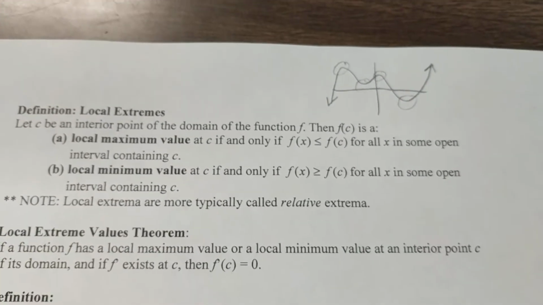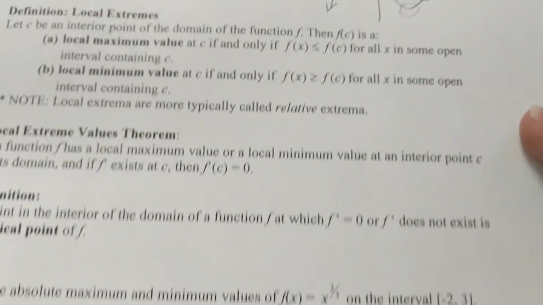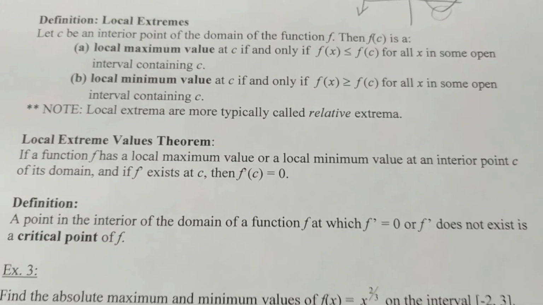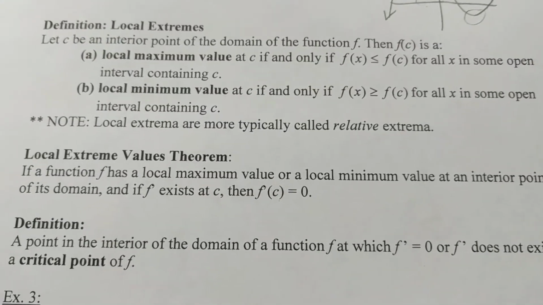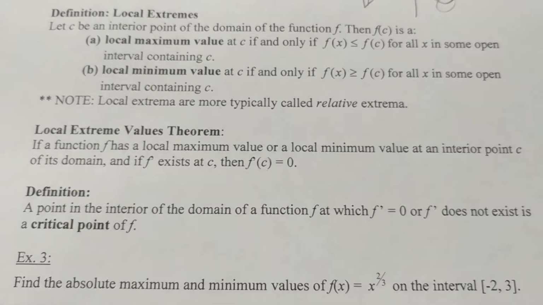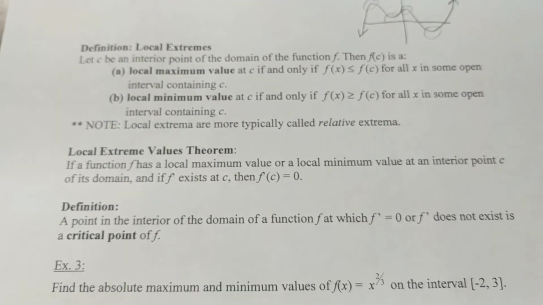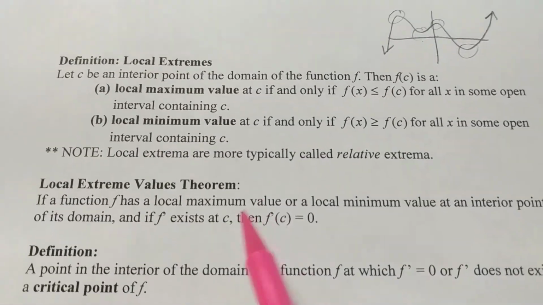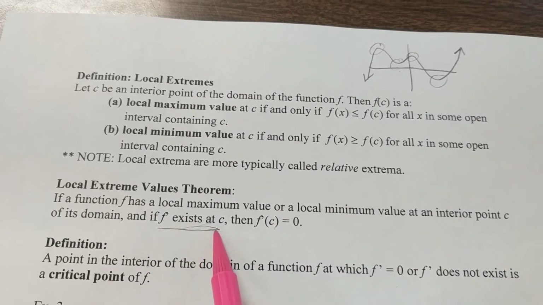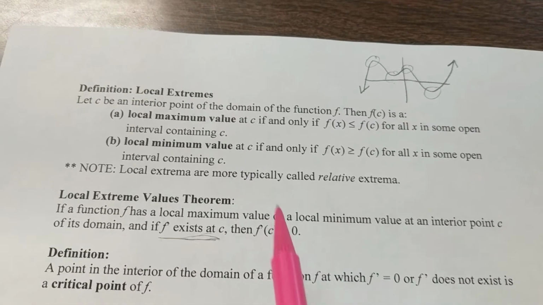Now, the important thing for checking for all of these extreme values is this local extreme values theorem. And it says that if your function f has a local max or a local min at an interior point, and the derivative exists, this one is important, that means it's differentiable, then f prime of c is 0.